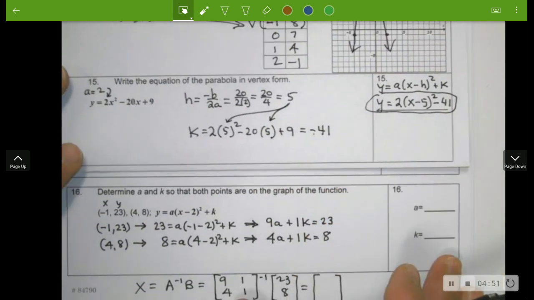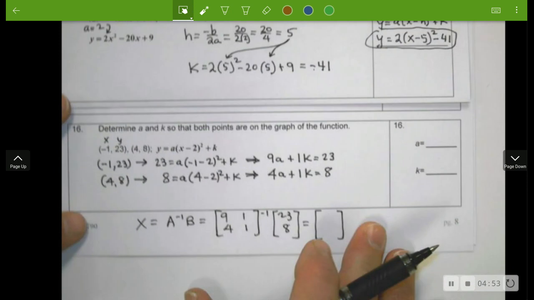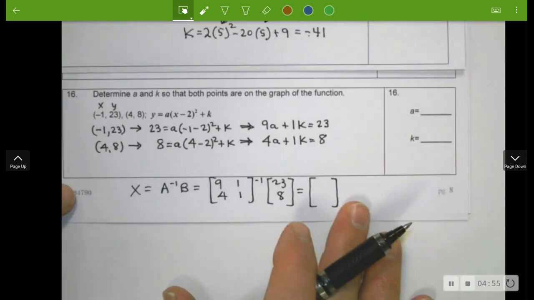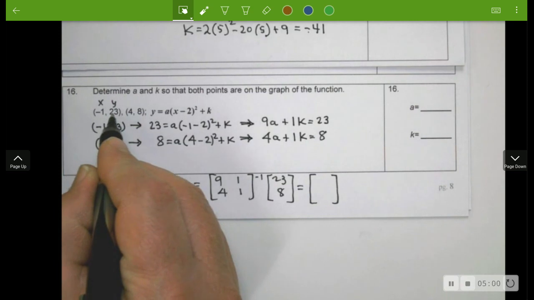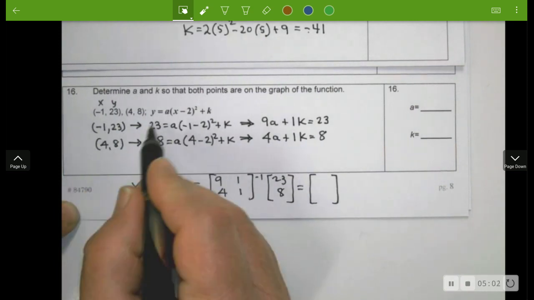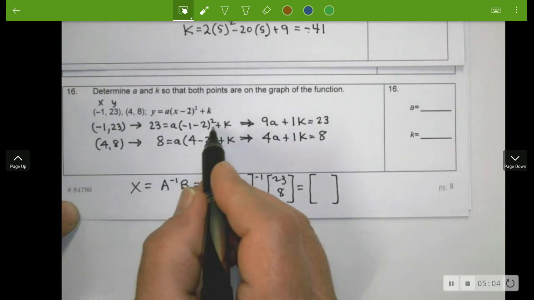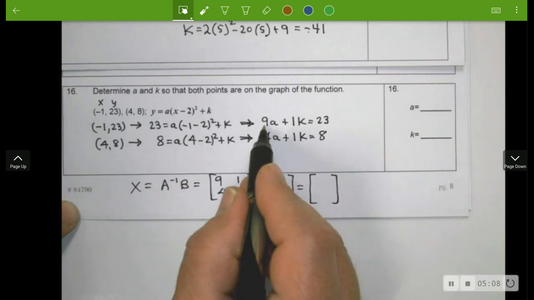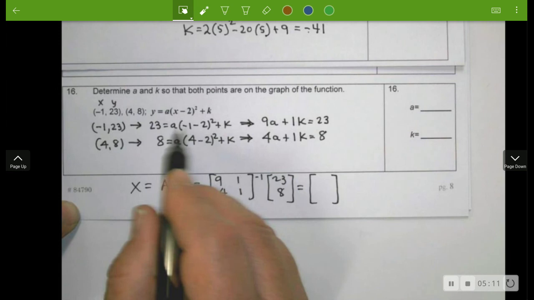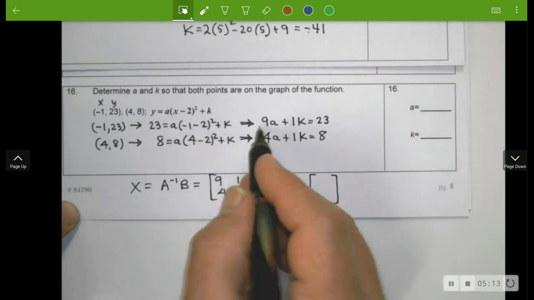Okay, the last problem here I've got started. I'm going to finish it on the calculator here. They give us an x and y value of negative 1, 23. So I plugged all those in. And this part down here is going to be negative 3 squared would be 9. 1k, and then I put the 23 on the other side. I rearranged here.